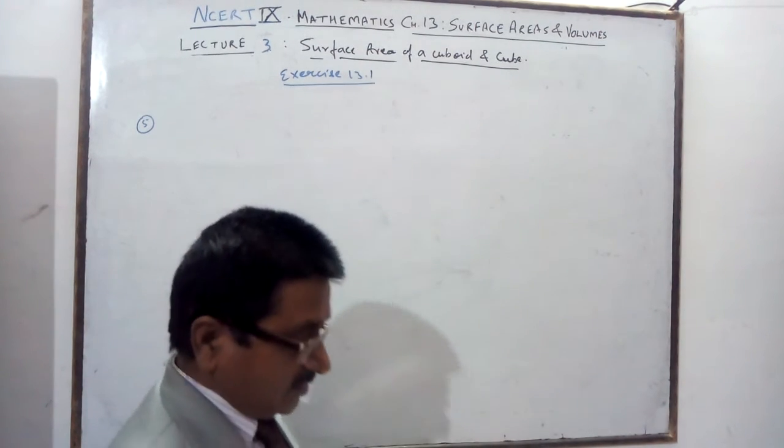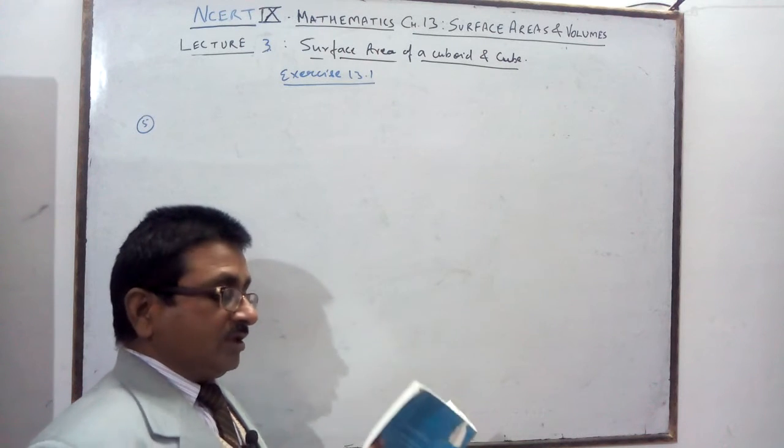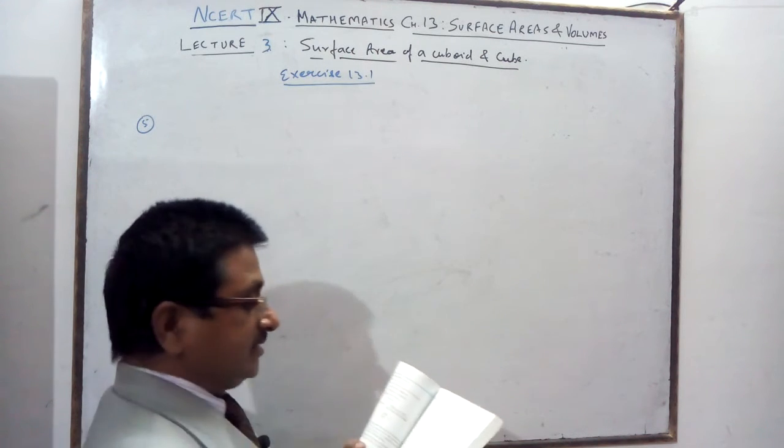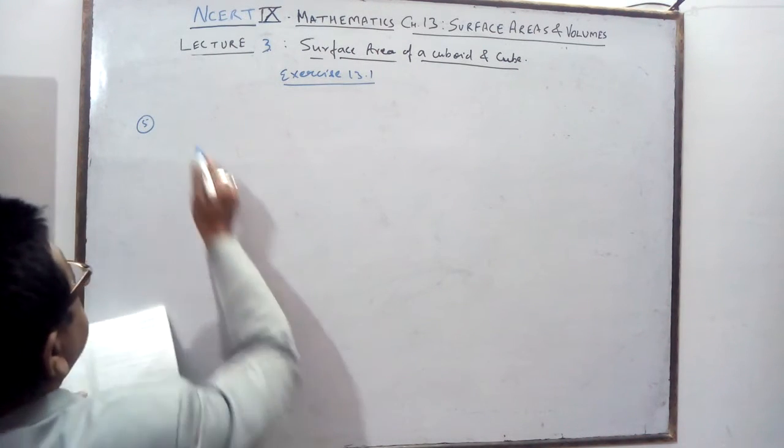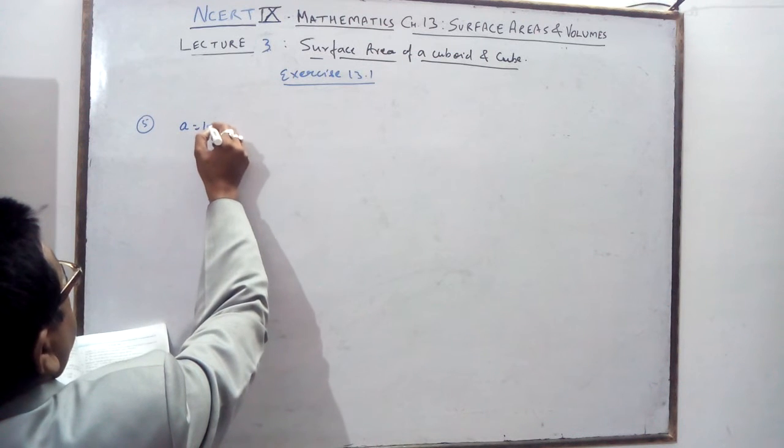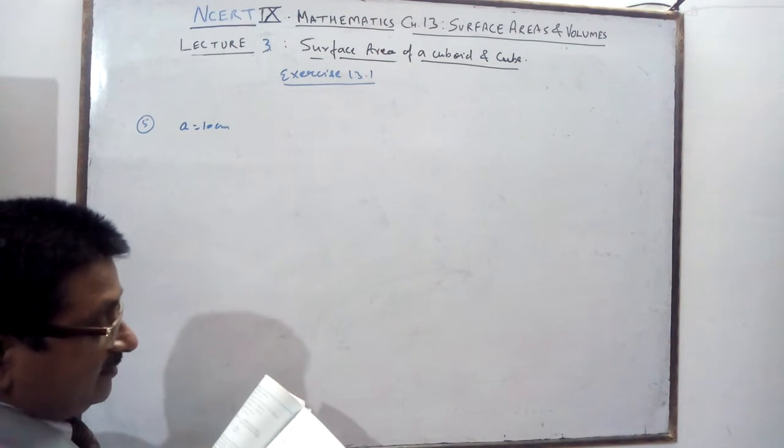Surface area question. A cubical box has each edge equal to 10 centimeter, it is given.